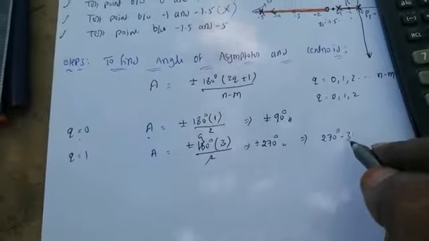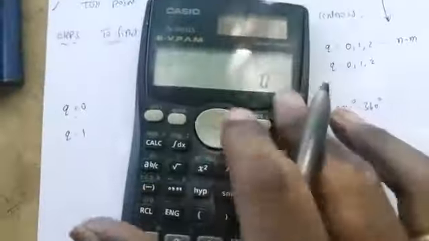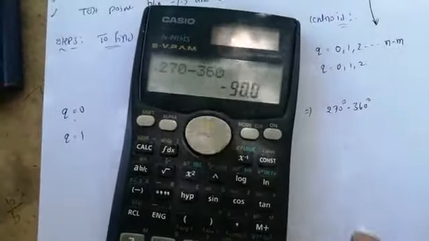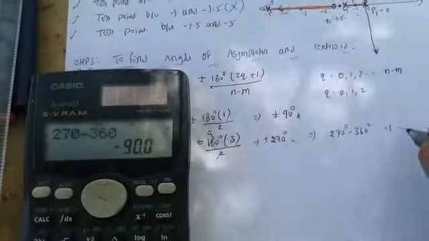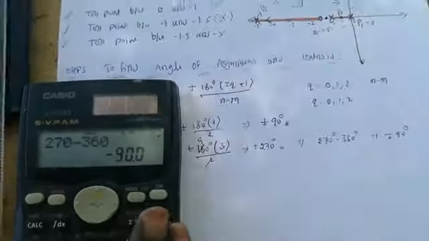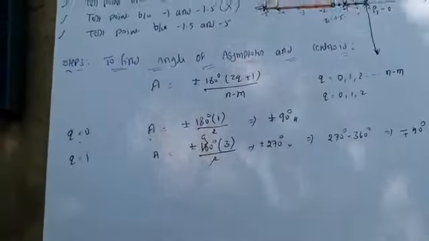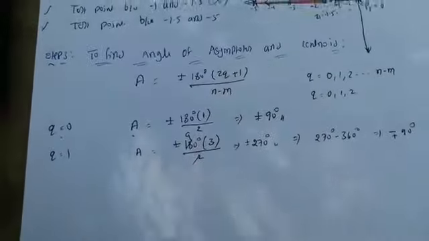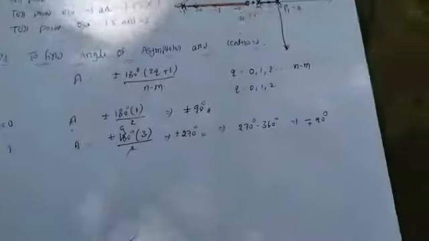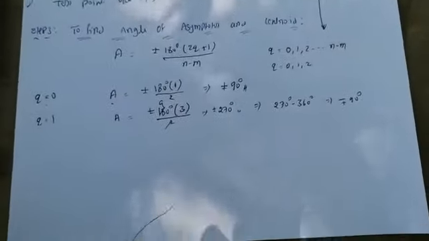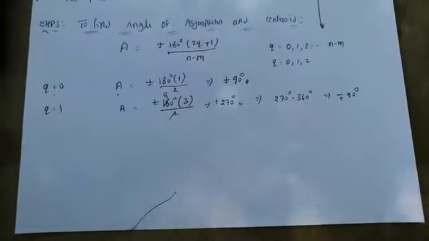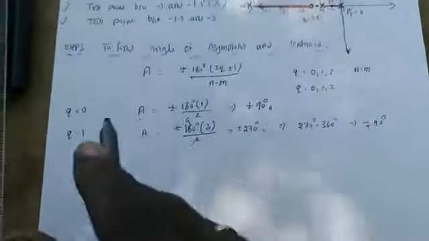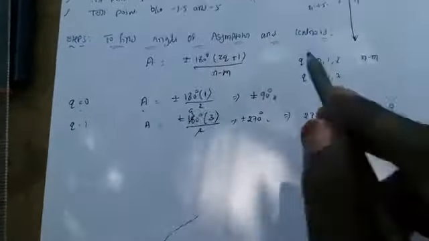So 270 minus 360 should be minus 90, so plus or minus 90 degrees. Already we got the 4 angles. For drawing the angles of asymptotes, 4 angles is enough. There is no need to proceed to the q value 2, so we will stop here for the angle of asymptotes.